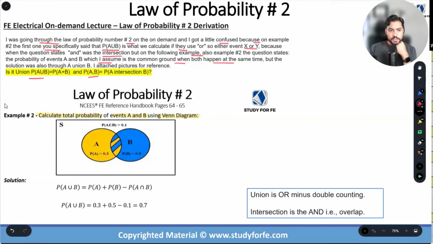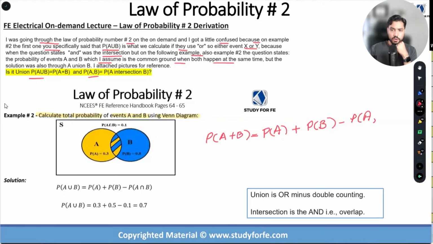Okay. It says P A plus B equals P A probability of A plus probability of B minus probability of A comma B, right? So the total probability of A and B.